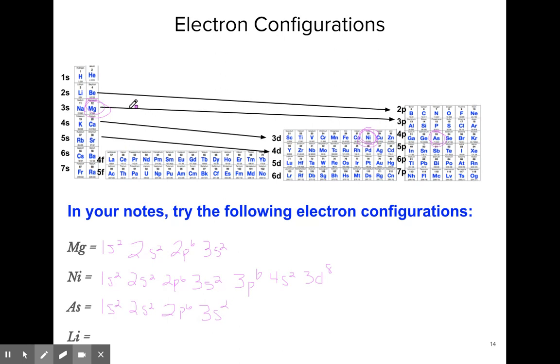That gets us to magnesium, so we follow our arrow all the way to the next element, which is aluminum. So that would be 3p6. That gets us to argon, which is number 18. So we come over here to number 19, and we would continue on with 4s2.